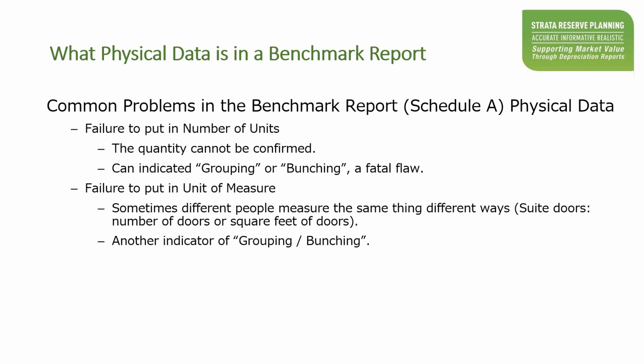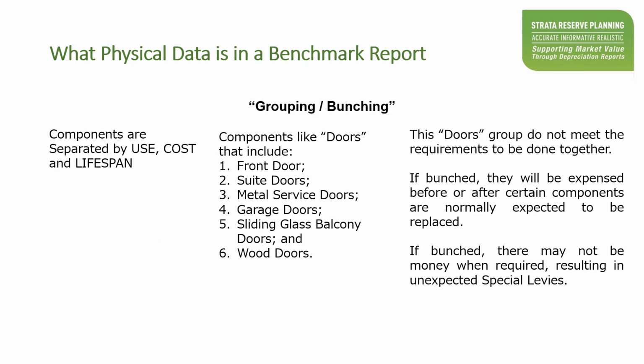Now, you might have noticed we talk about grouping or bunching. So let's talk about grouping or bunching. Components are separated by use, cost, and lifespan. If they have the same use, like the doors all here do, but they have a different cost or lifespan, they're given a different line. They're all separated in the report.